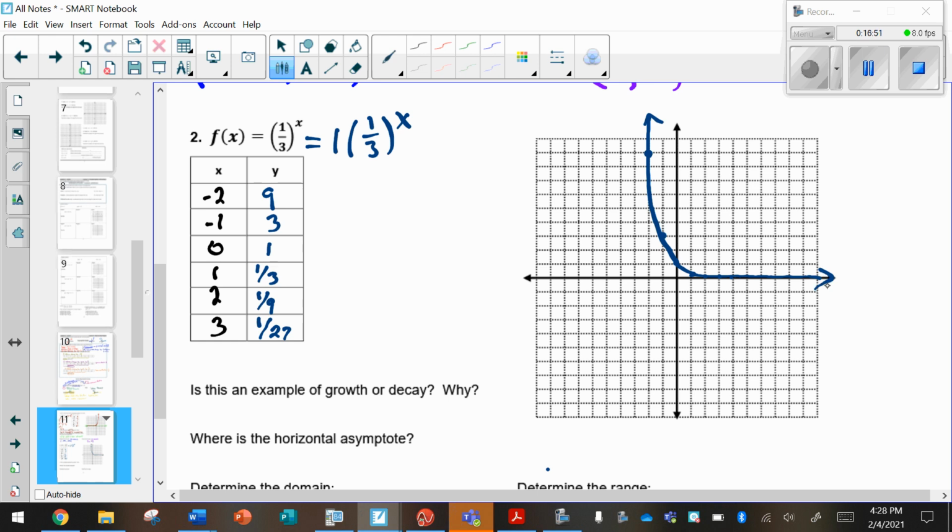And there's an example of our exponential decay because our b value is a fraction in between 0 and 1. And another way to look at it is our graph is decreasing from left to right.